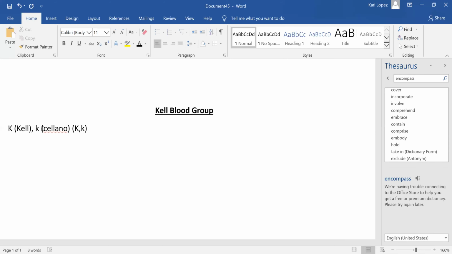They are inherited as co-dominant alleles. And they are what is considered antithetical partners.